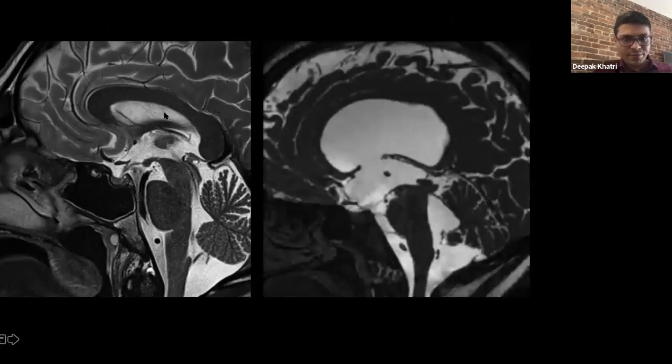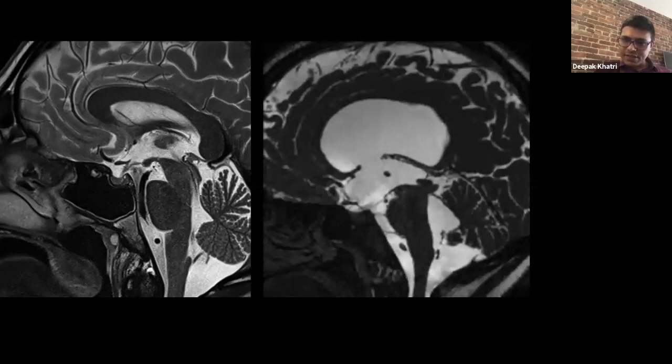The third ventricle is also enlarged, and this small dot-like structure is the massa intermedia, which connects both the thalami on opposite sides, and you can see the cerebral aqueduct here. Now, important things: how does a radiologist tell you that there is hydrocephalus in the brain?